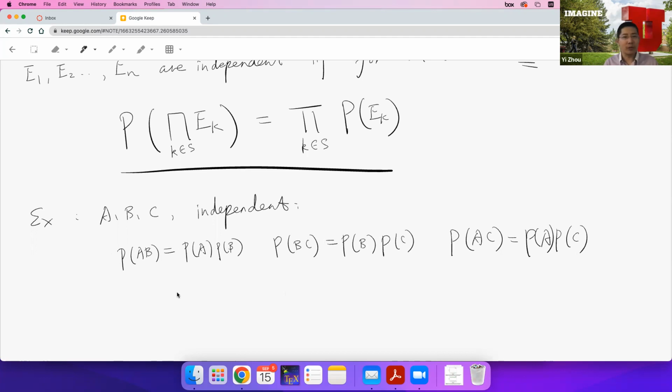Moreover, we need every three of them to be independent. In this case, we only have one possible combination: P(ABC) equals P(A)P(B)P(C). So you need to have independence for an arbitrary number of events from this set of events.